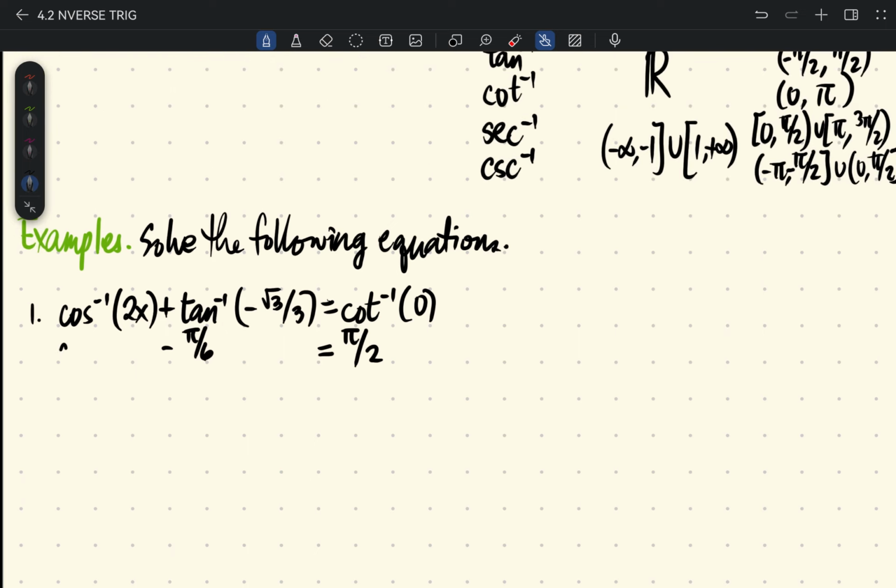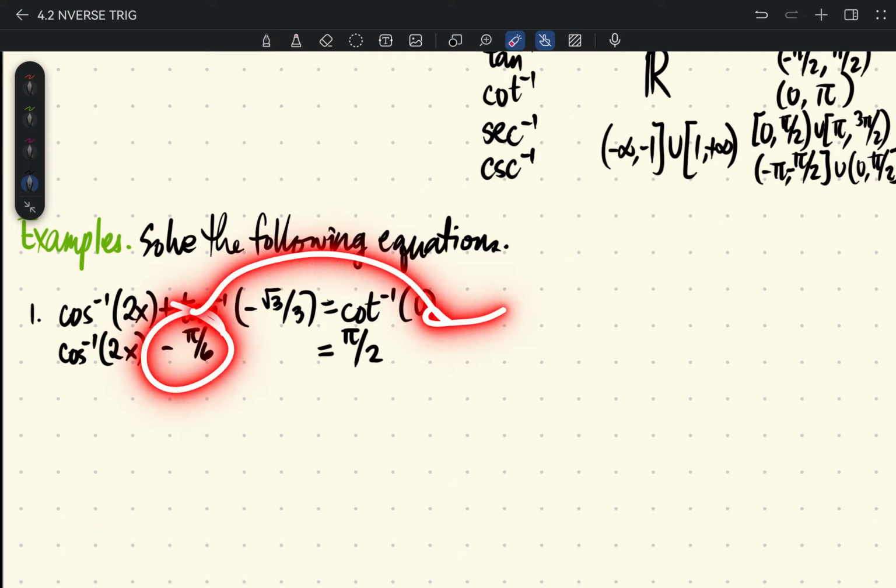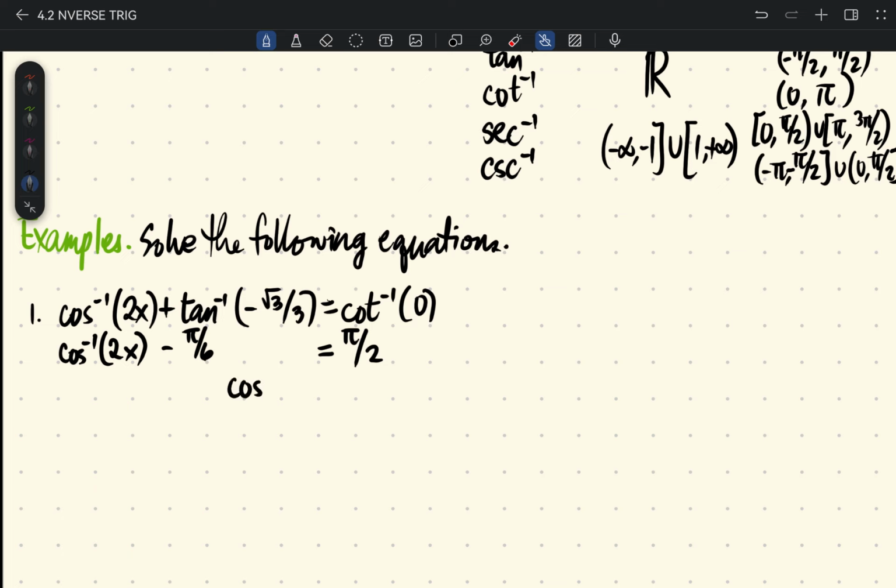And we still have right here cosine inverse of 2x. Then let's do our simplifications. We can put this on the right side to get cosine inverse of 2x equals pi over 2 plus pi over 6.